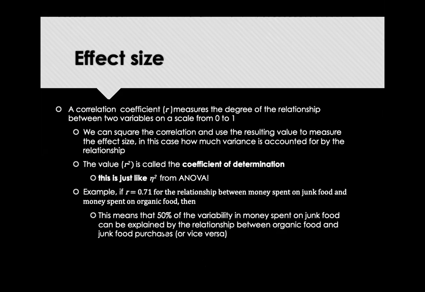And then we can interpret R squared, or the coefficient of determination, as indicating how much variance is accounted for by that relationship. So here, 50% of the variance or variability in money spent on junk food can be explained by the relationship between spending on junk food and organic food.